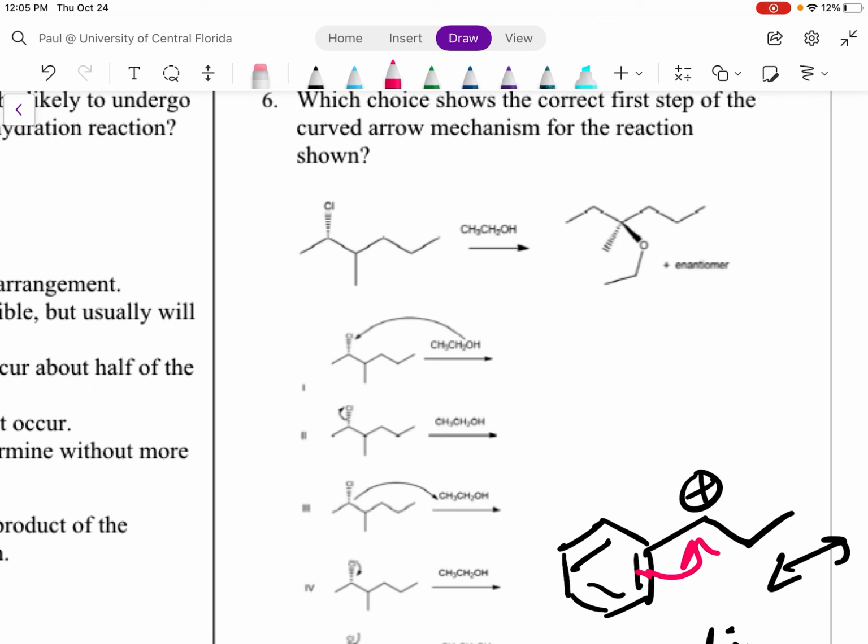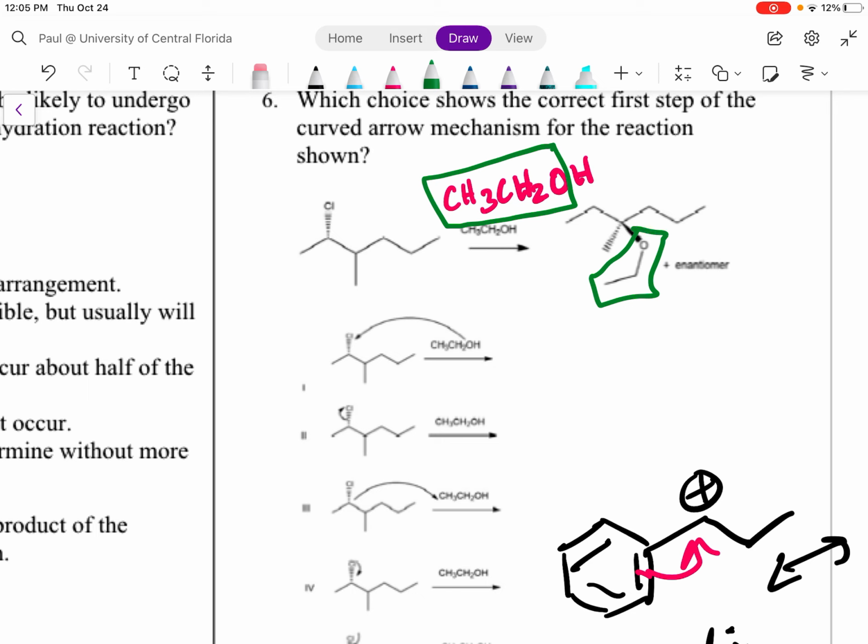So you can see that this CH3CH2OH right there, that's called ethanol. What we're adding to the molecule is this piece right there. So we are doing a substitution reaction.